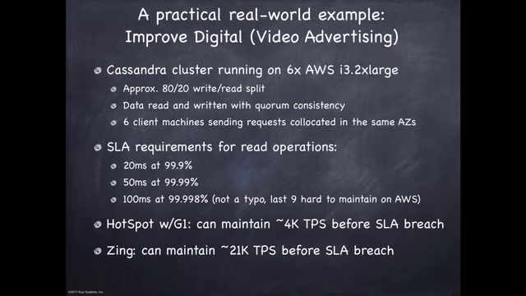When they used Xing, they were able to hit 21,000 transactions per second before they breached it. What that tells me, and should tell you, is that with Xing you can run over 5 times as many transactions per second on that set of hardware as you can using Hotspot and G1.